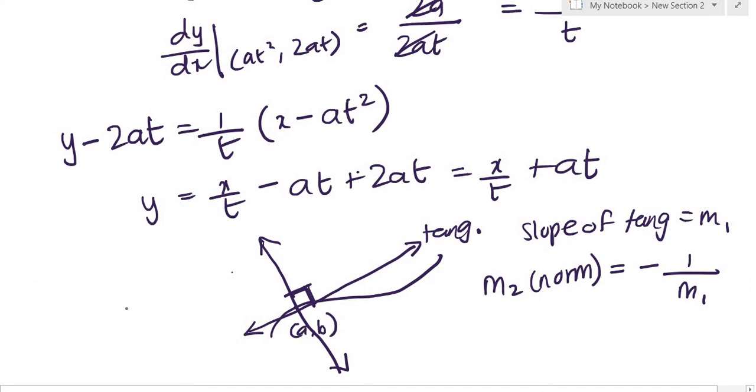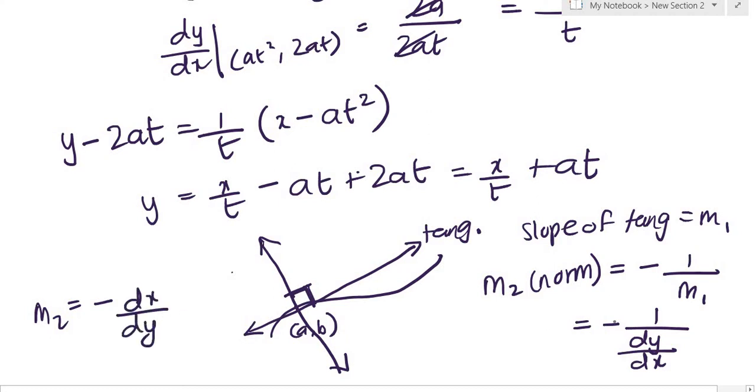But we know that m1 is in every case dy over dx. I'm just writing a general, I'm not mentioning the point for now. So m2, or the slope of the normal, is negative dx over dy. Basically you have dy over dx, you flip it and add a negative sign.